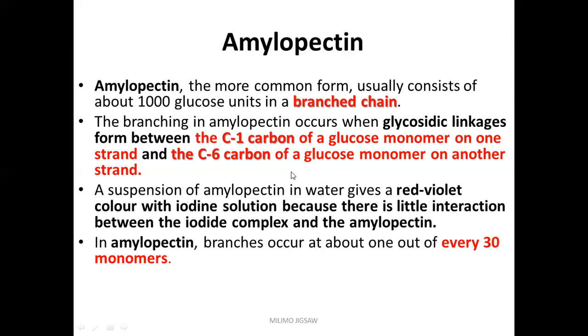Of note is that the branches in amylopectin will happen at 1 out of every 30 monomers. One out of every 30 monomers is going to have a branch. This will become especially important when we start looking at glycogen, when we compare amylopectin and glycogen branches.